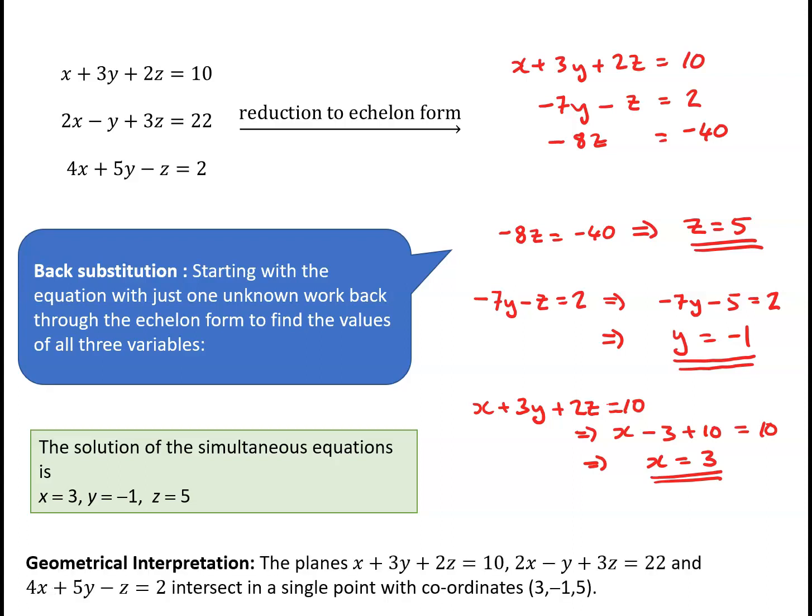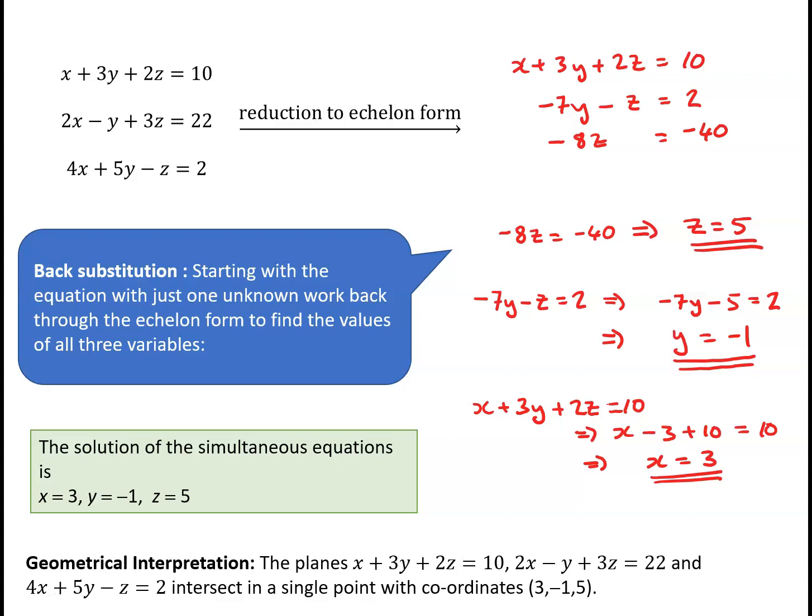And we can say that the planes x plus 3y plus 2z equals 10, 2x minus y plus 3z equals 22, and 4x plus 5y minus z equals 2, intersect in a single point with coordinates 3, minus 1, 5.